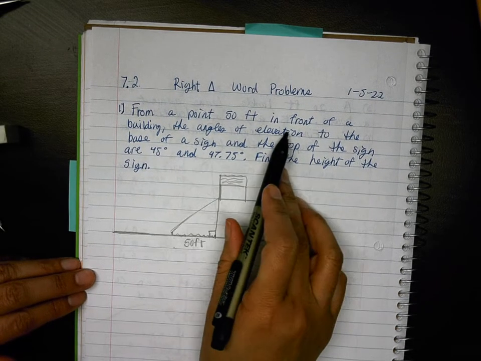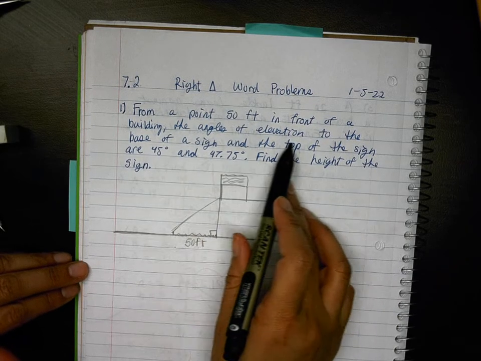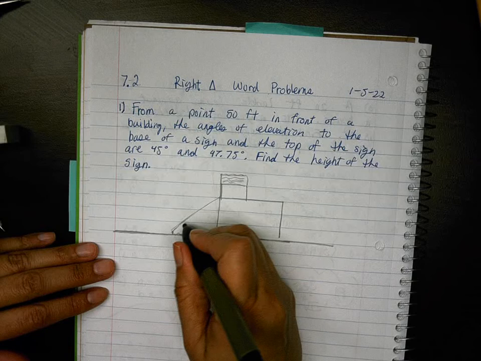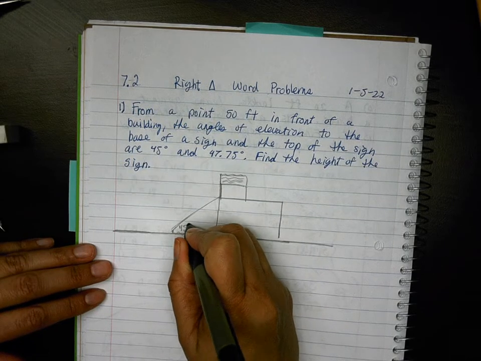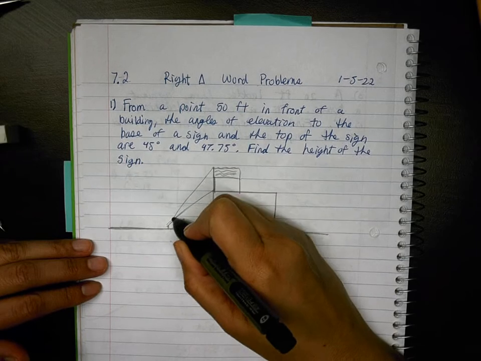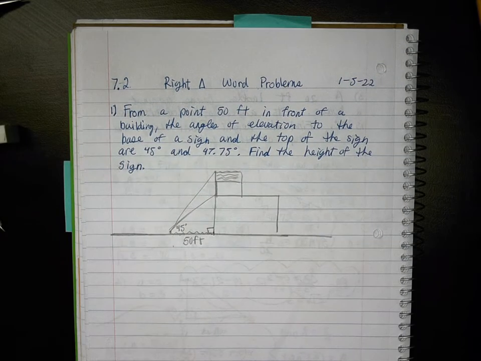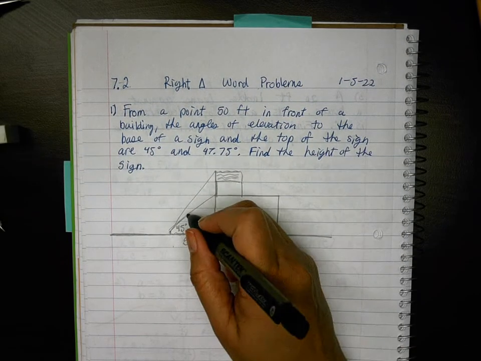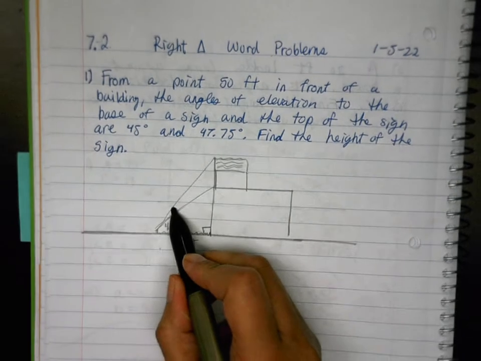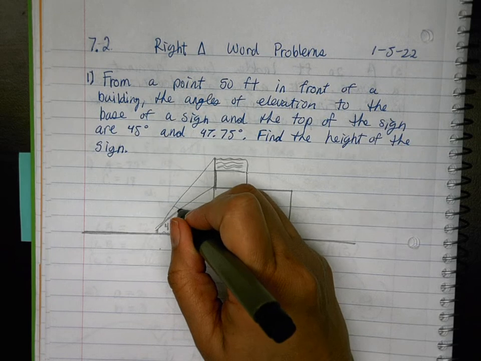From the point 50 feet in front of a building, the angle of elevation to the base of a sign and the top of the sign, this is 45 degrees to the base of the sign, and then to the top of the sign is 47.75. So the 47.75 is not in that little piece right there. It's all of this together.